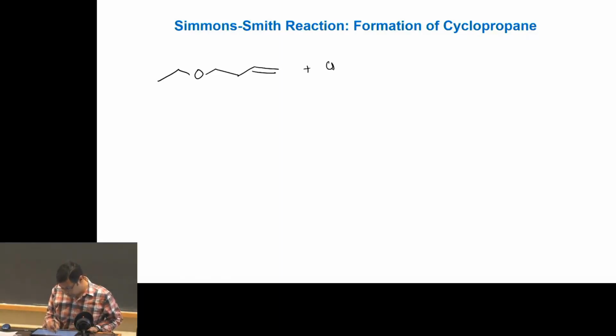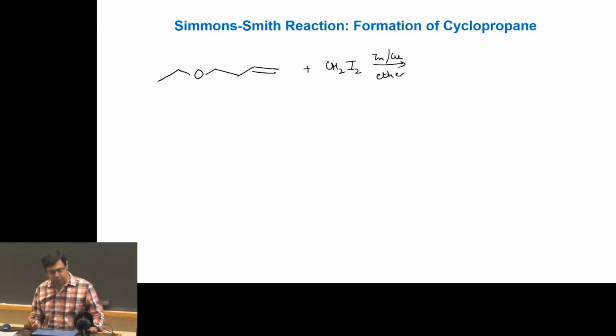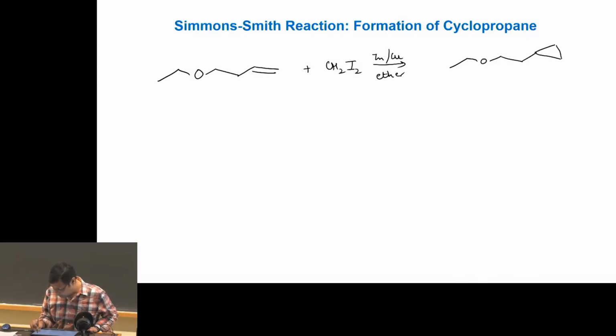Reaction conditions: CH2I2, zinc, copper. Solvent is ether. Okay. Everything else in the molecule will remain the same. You are just going to install a cyclopropane ring on the double bond. Okay. So this CH2 is this CH2. Right? Everything else will remain the same.